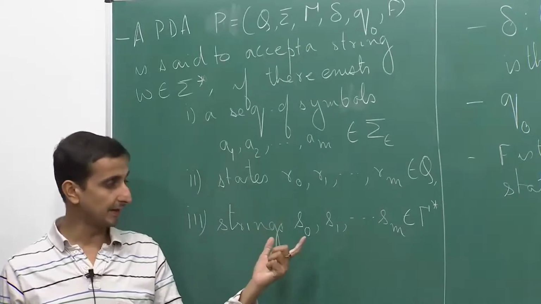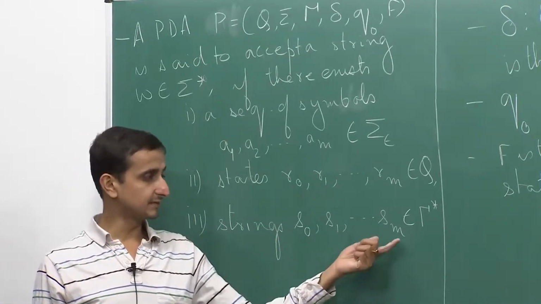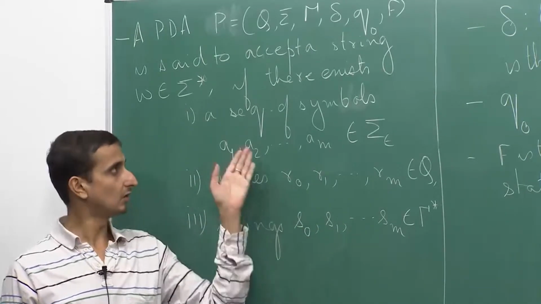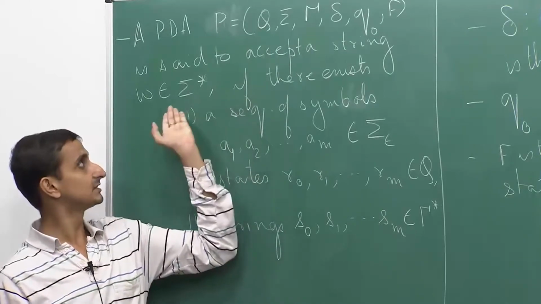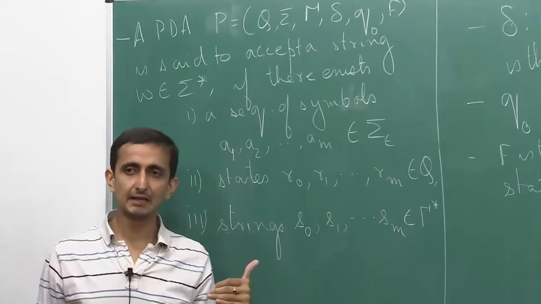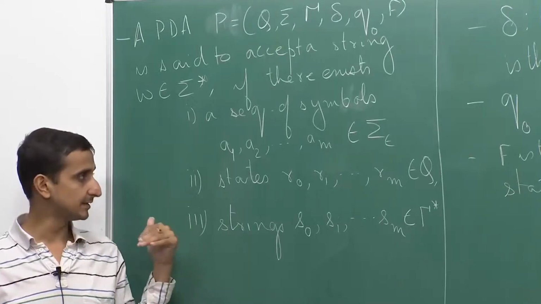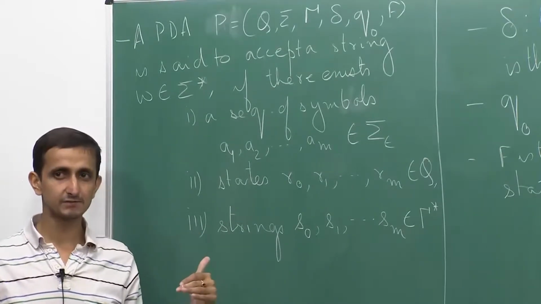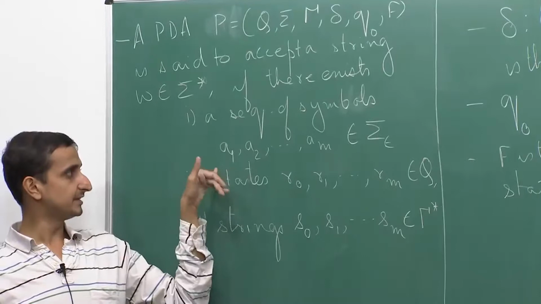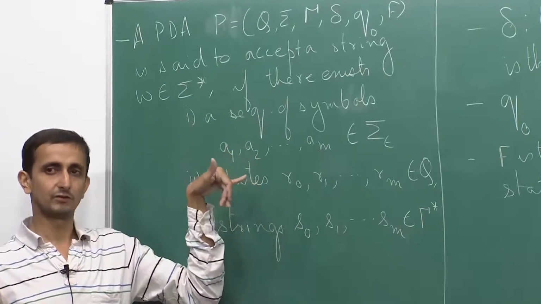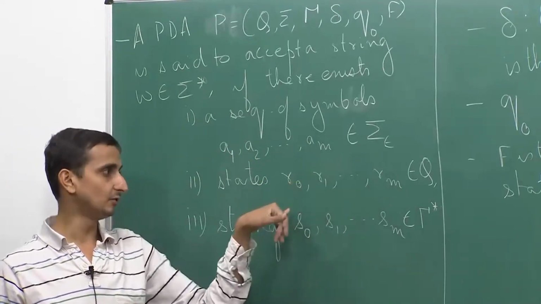Intuitively, what these m states mean is that the PDA, when it receives the string w, accepts w in m steps, where at each step it is reading ai. ai can be empty also.